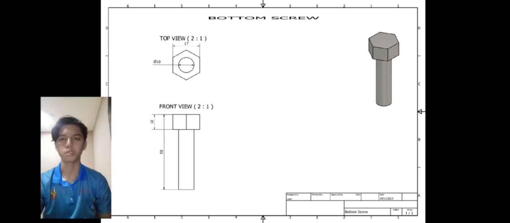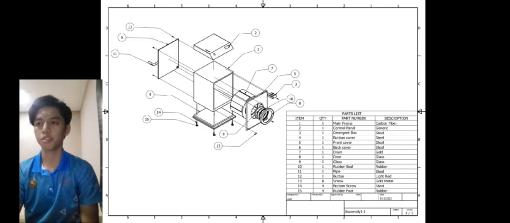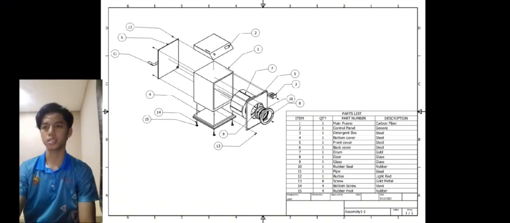Next is a bottom screw that will attach the bottom cover and the machine. So the bottom screw has a 60 total height, while only the shaft is 50 millimeters. Based on this diagram, there are 15 parts. The first part is mainframe.